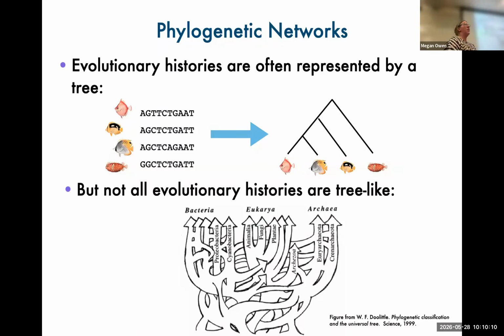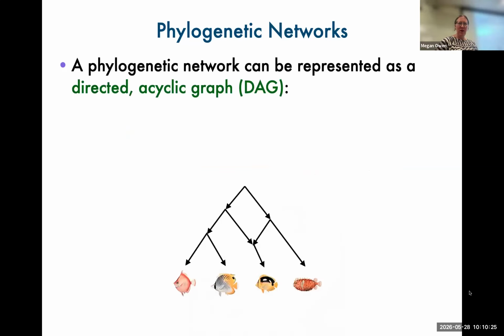Now, the problem is that not all evolutionary histories are tree-like. In particular, especially with bacteria, they're a bit promiscuous with their DNA, and it doesn't just pass from parent to child. It can get absorbed by different kinds of bacteria. So we then want to use a phylogenetic network to describe evolutionary histories that aren't just trees. In a tree, you're only inheriting DNA or genetic information from your parents, and in a network, you can get it from not just your parents.